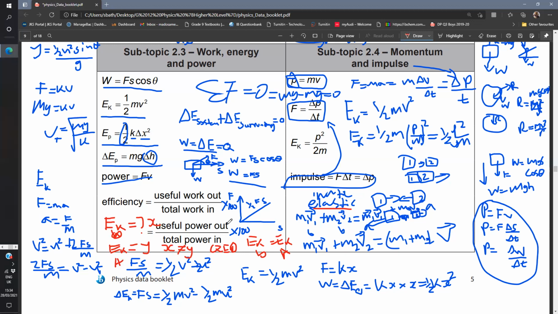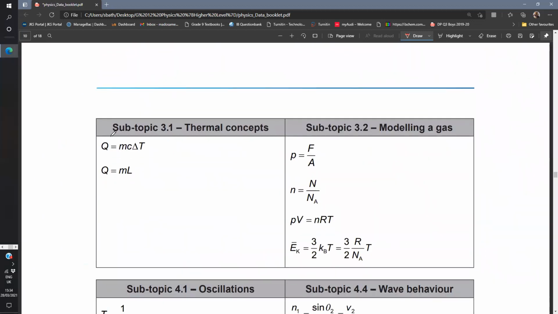As I explained previously, the reason why it's not conserved is because it's turned into thermal or other energy. Most probably you're not going to be asked about that much.